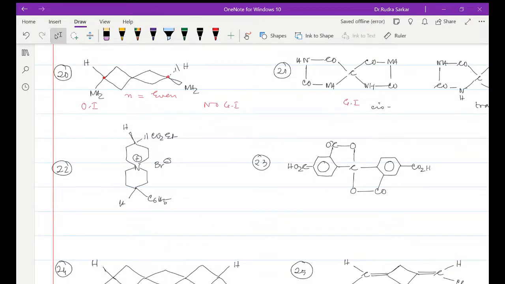Again, this tetraalkyl ammonium salt is basically like a spirane. So instead of having two double bonds we are having two rings, so this is going to be showing optical isomerism and no GI is possible.